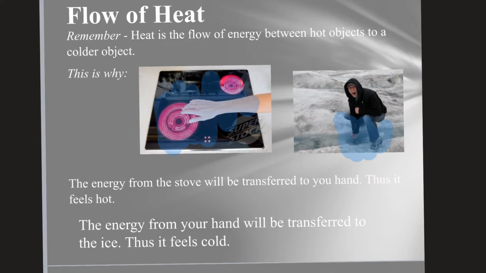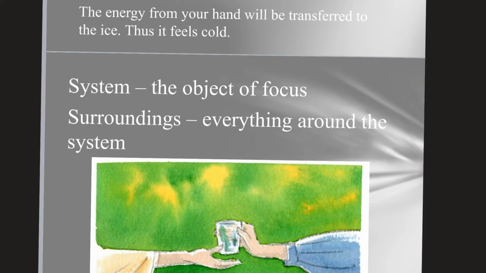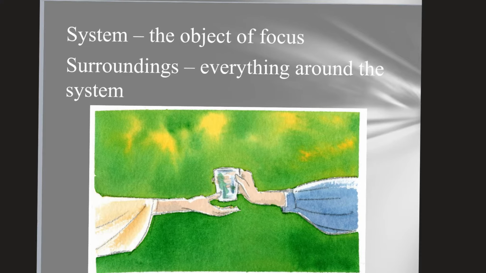Now, when it comes to thermochemistry, there are usually terms that help us categorize substances and figure out how energy is flowing back and forth. Important vocabulary terms that you need to know: system and surroundings. The system is basically anything that we're talking about, any object of focus.